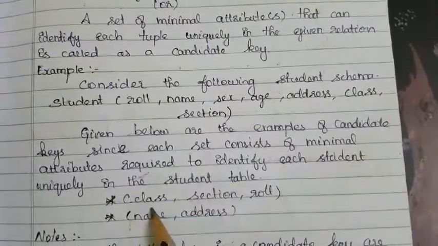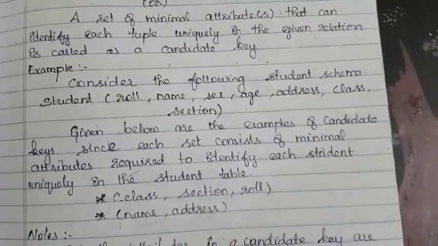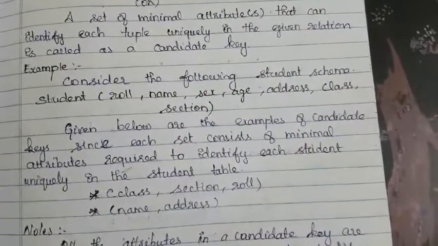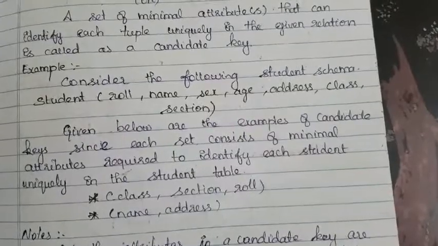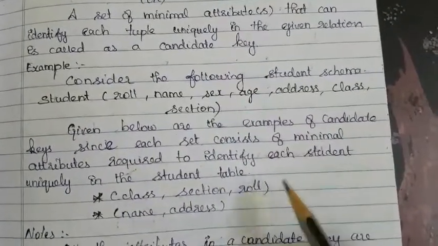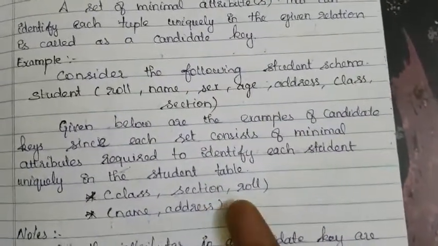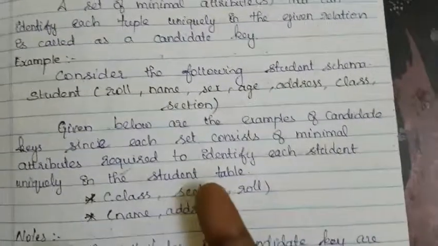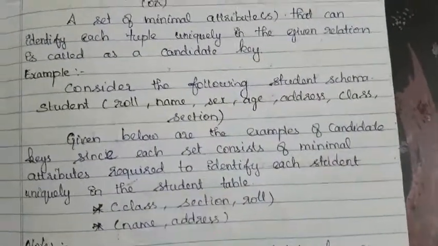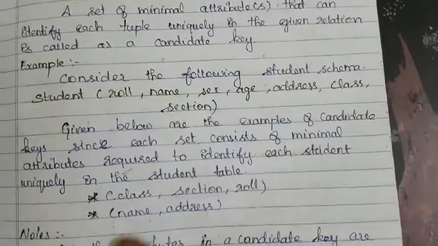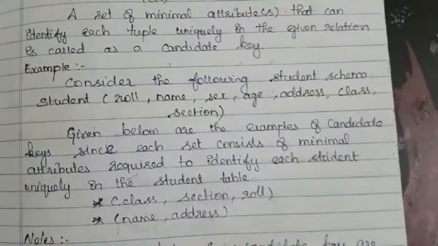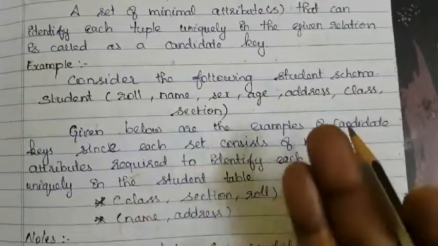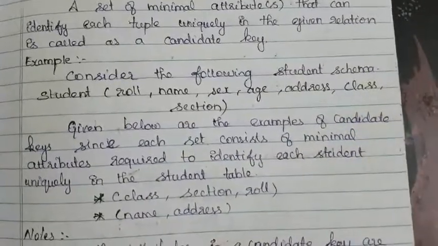So with the help of class, section, roll, we can fetch the data uniquely. Roll number in the sense it is a student ID, right? With the help of student ID, class and section, yes, definitely we will get a unique tuple from the table if we are using this condition. As well as name and address, it will not be the same for two persons, right?